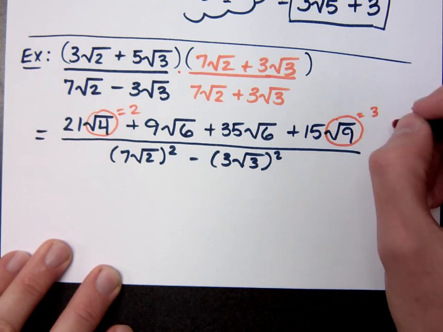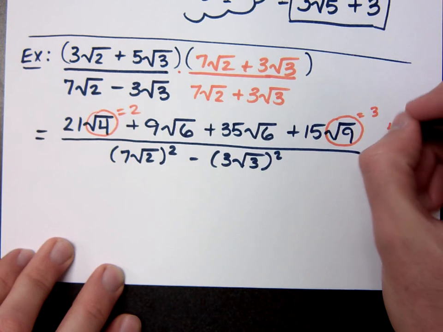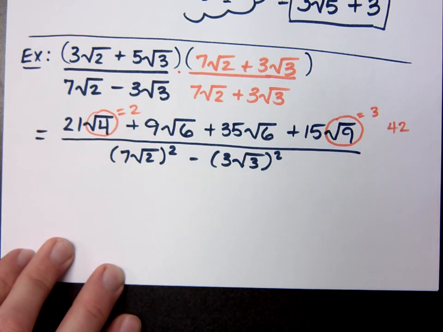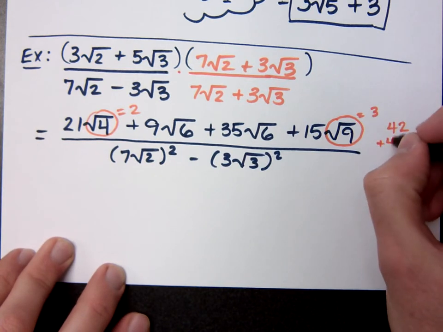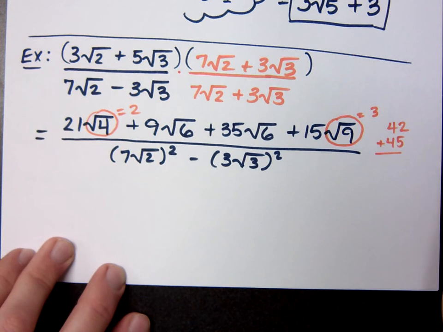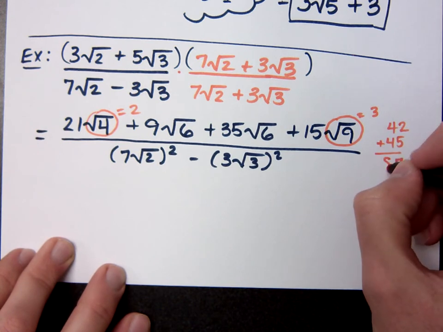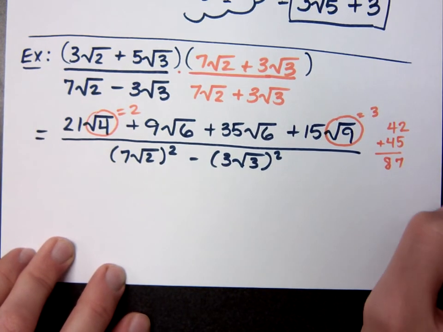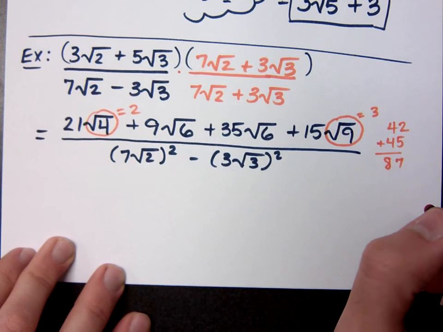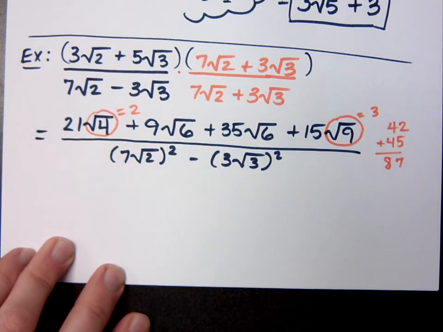So off to the side, I'm thinking about these numbers. What's the 21 times 2? It's going to give you 42, right? And what about this other guy? What does he give you? He gives you 45, so all together I'm going to have 87. Do you all agree? Isn't 42 plus 45 87? Right.